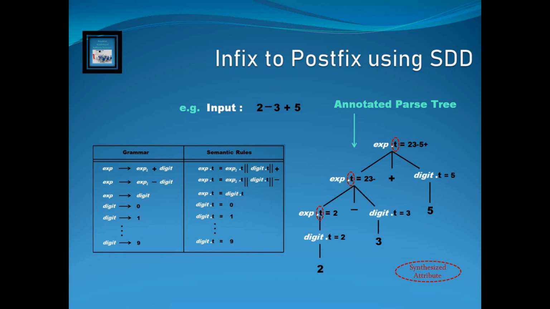Within this parse tree, those attributes whose values cannot be computed unless the values of their children are computed are called synthesized attributes. So this is the concept of our first technique of syntax directed translation, and that is syntax directed definition.